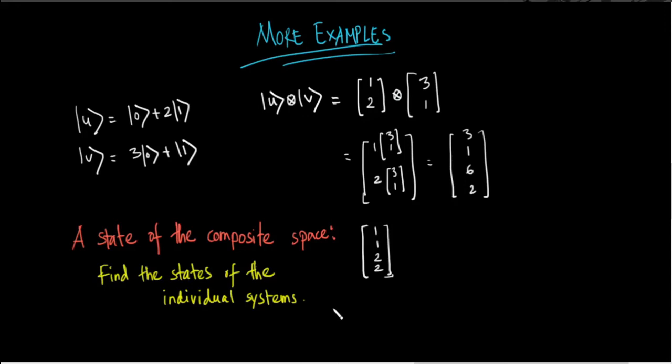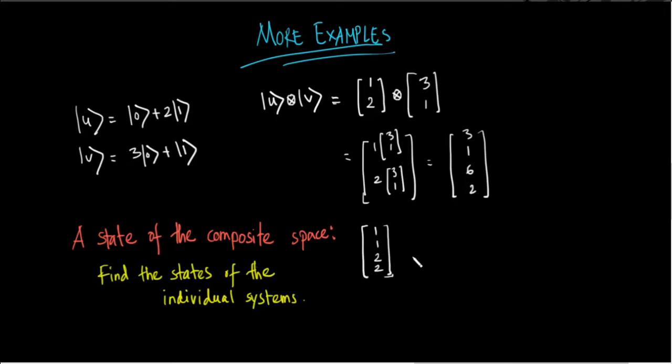Well, let's go back to our definition. We basically need to find two states u and v, which if we take the tensor product of these two states, then we will get this.